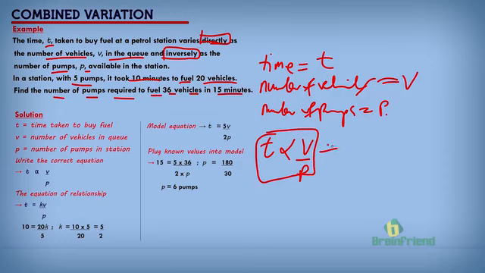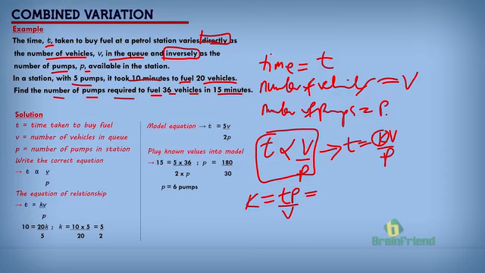And of course, T is kV all over P. So we intend to find a value for k, our constant of proportionality. k, therefore, would be TP all over V, using our knowledge in change of subject of formula. So we impute values for T, P, and V.